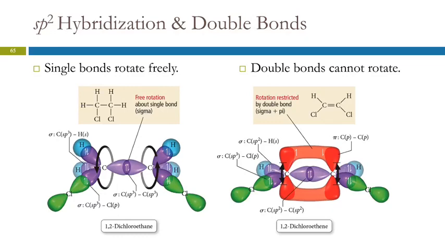Okay, so here's a model of this molecule here. So the black balls are the carbons, the white balls are the hydrogens, and the green balls are the chlorines. And if I try to rotate this, I've got this double bond here, I can't rotate it, right? It does not twist. So there are actually two different molecules here because of the double bond.